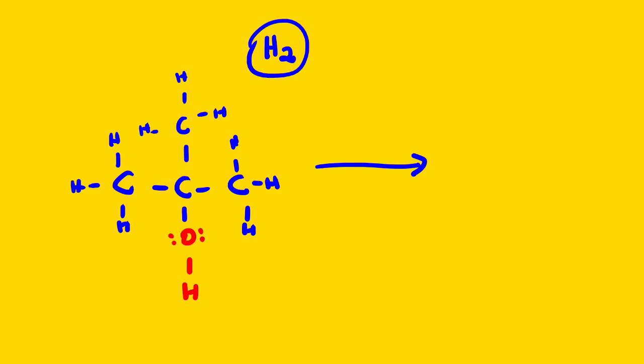So looking at this carbon, you can see that it doesn't have any hydrogens to remove. We are not talking about this one. Remember that we have to remove one from the hydroxy group and one from the very same carbon which is bonded to the hydroxy group. In this case, we don't have any hydrogen to remove from that carbon. That is why we say it is not easy to oxidize a tertiary alcohol.